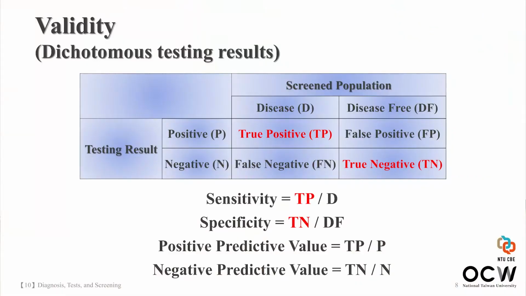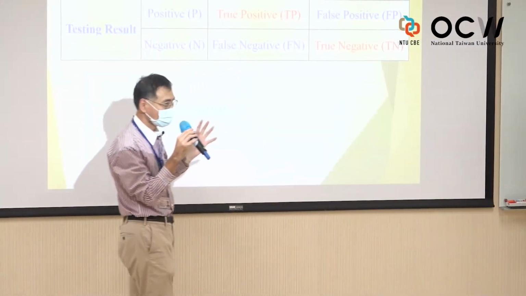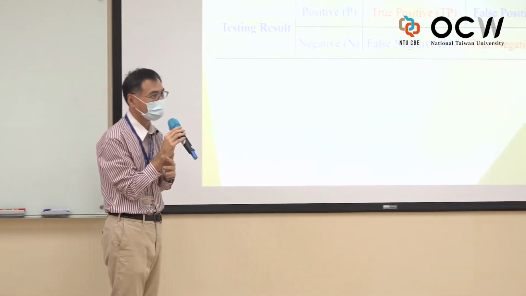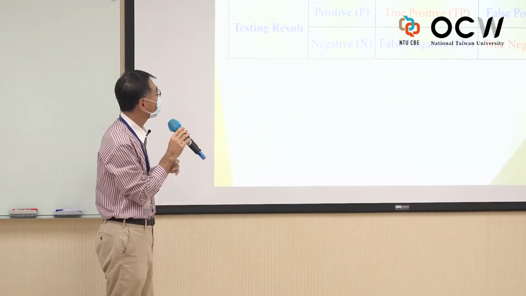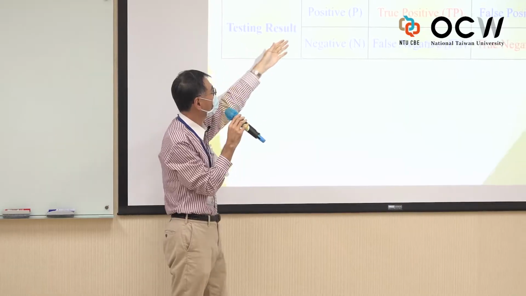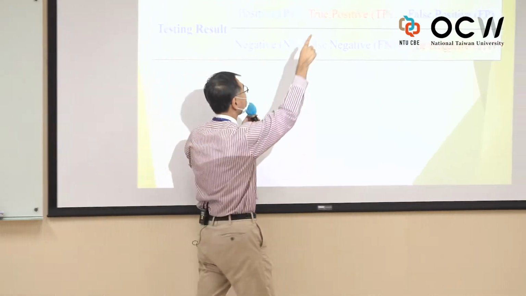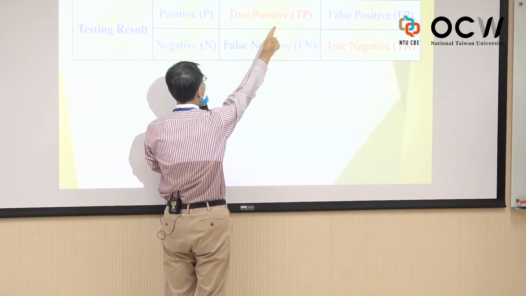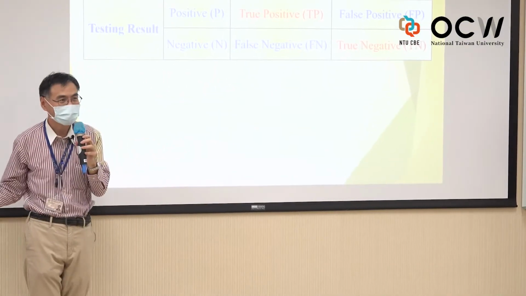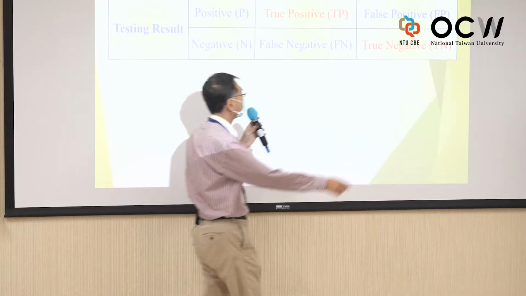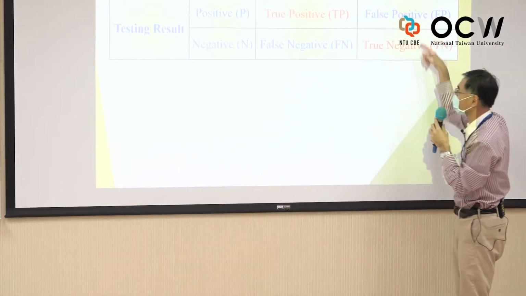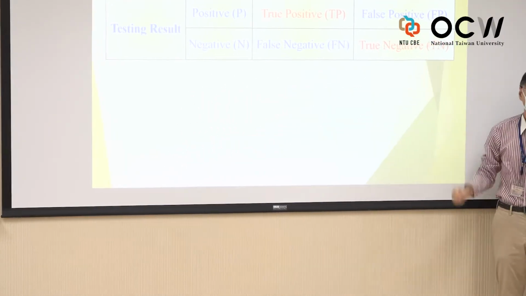Some people have the disease, and some people have no disease. We knew it. We knew the true value anyway. And here is the testing result, positive or negative. Okay? So if someone has the disease and tested positive, this is called a true positive. That's straightforward. If someone has no disease and tested negative, perfect, that's a true negative.